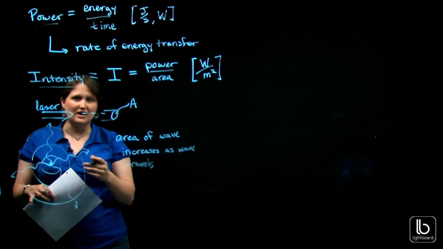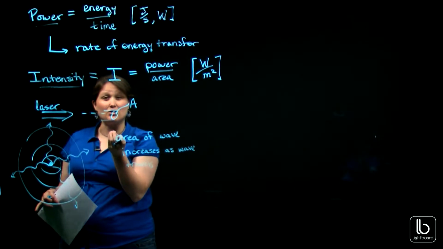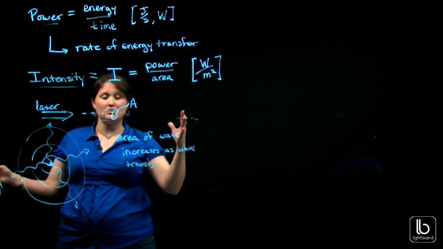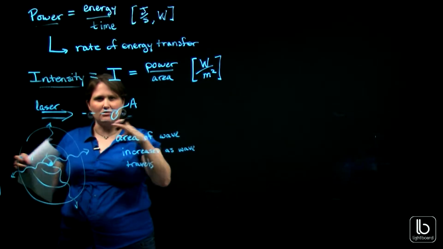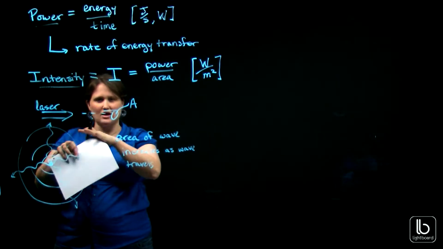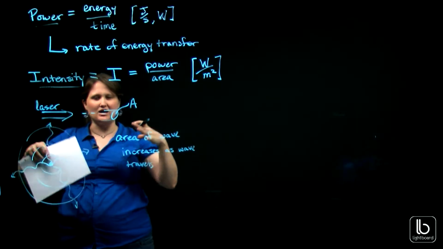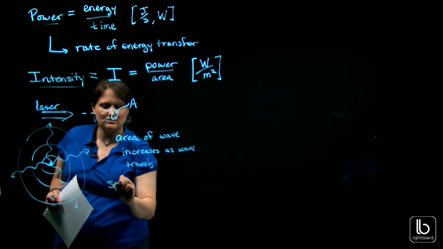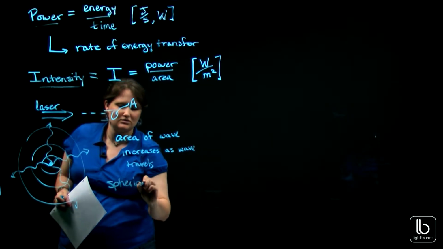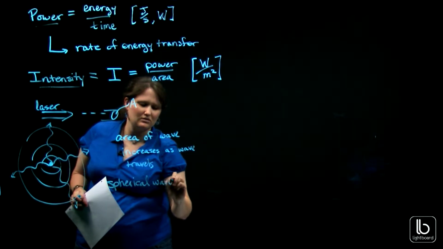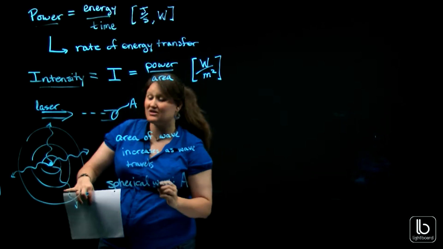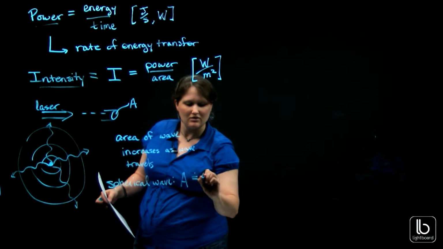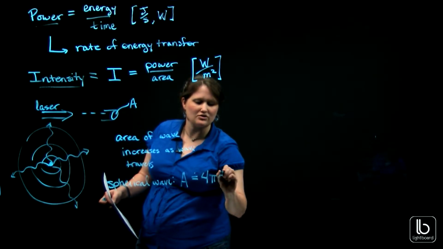And for a spherical wave, and that could be like a light bulb, light coming from a lamp. It could be sound coming from a tuba. It could be a rock dropping in a pond. Anytime you have a single source and that energy is emanating in all directions, for a spherical wave, the area is simply the area of a sphere, which is going to be 4 pi r squared.